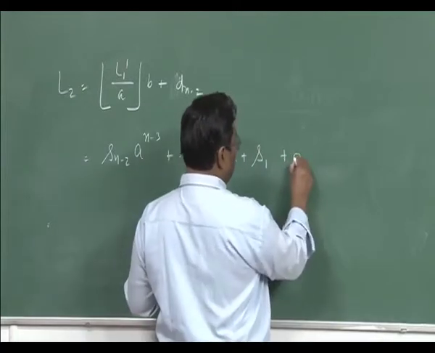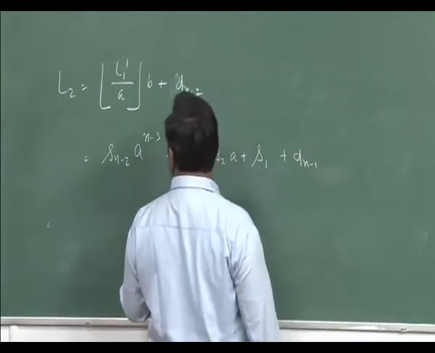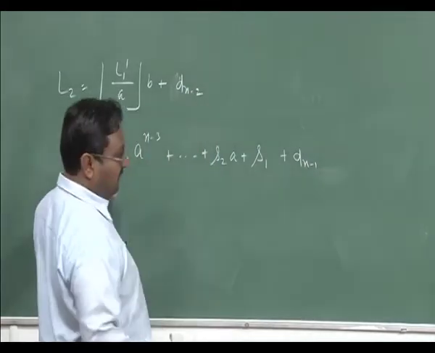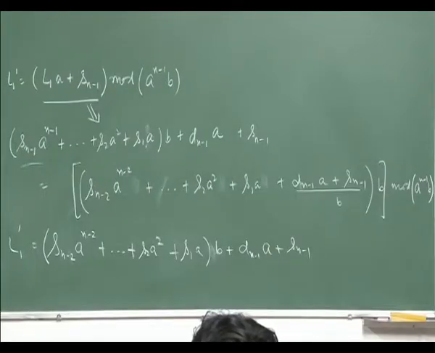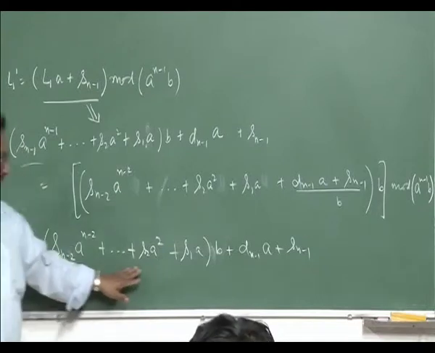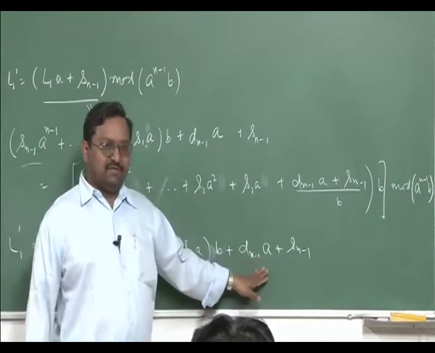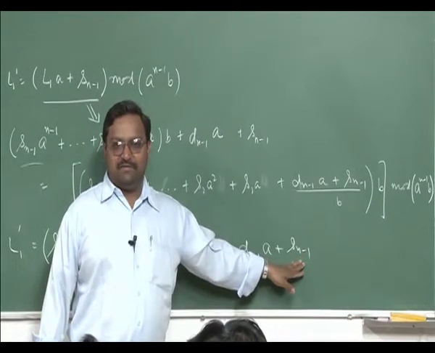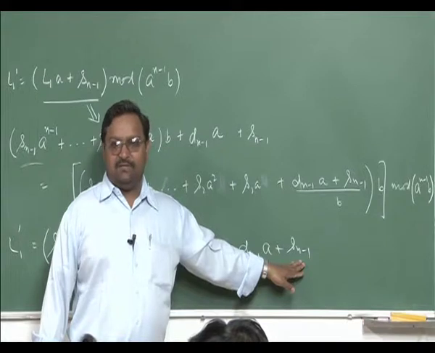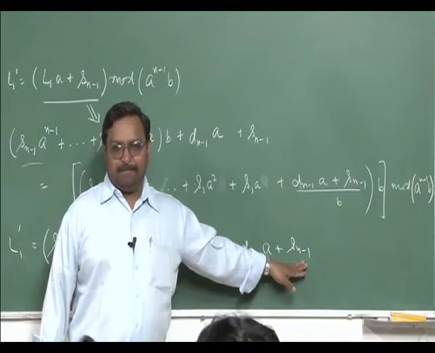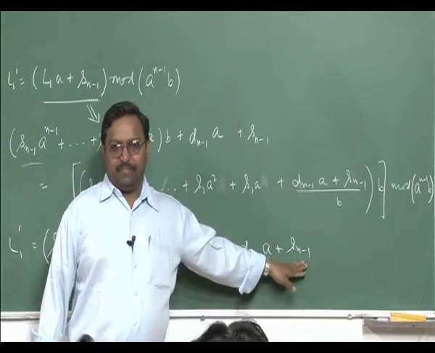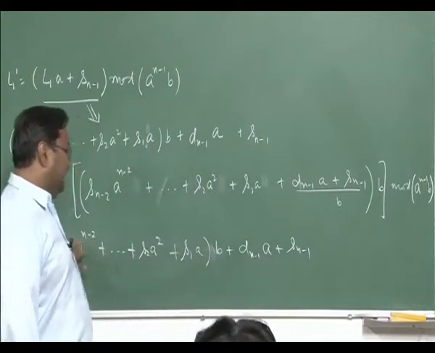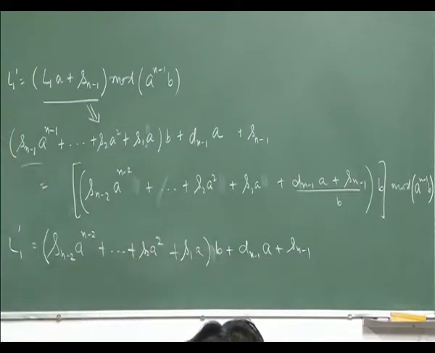Plus, sorry, there will be a b also, which will be L1 prime. You divide this whole thing by a actually. All these terms can be divided by a, this is what will be the fraction, Sn minus 1 divided by a will be the fraction, and when you take the floor function this will go away. Okay. So you divide everything by a and multiply it by b, and that is what actually has to come.